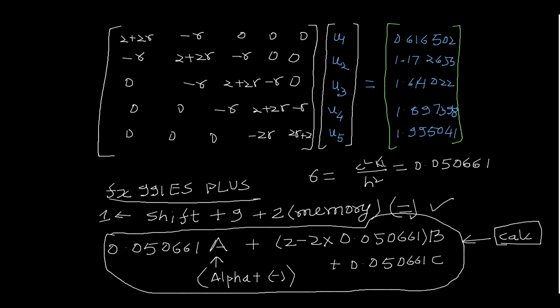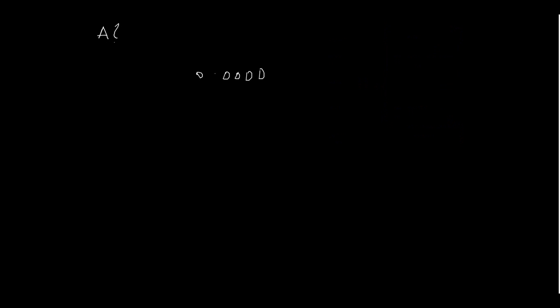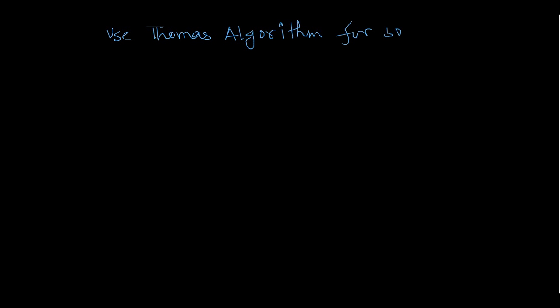Now we have a 5 by 5 system, which is a tridiagonal system. So we can use the Thomas algorithm for solving this system.